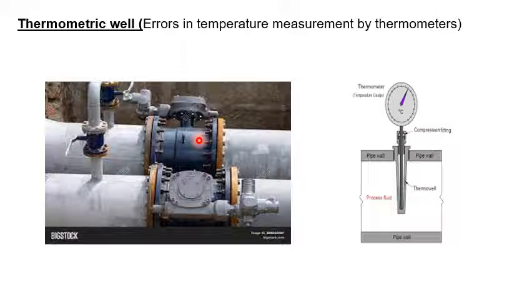here, and pipeline temperature has to be measured. Can we think of having a direct immersion of a thermometer to measure the temperature of that fluid flowing in this pipeline? If it is so, it is next to impossible.